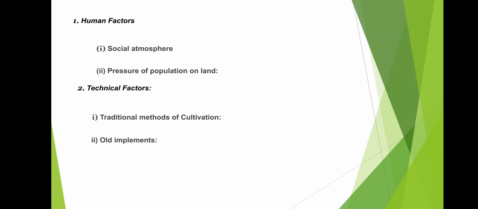The next important factor is the technical factor. Under the technical factor, the first one is the traditional method of cultivation. Still in India, people basically follow the traditional methods of cultivation. The farmers are not aware of the modern technologies of cultivation. We still use the old method of irrigation.